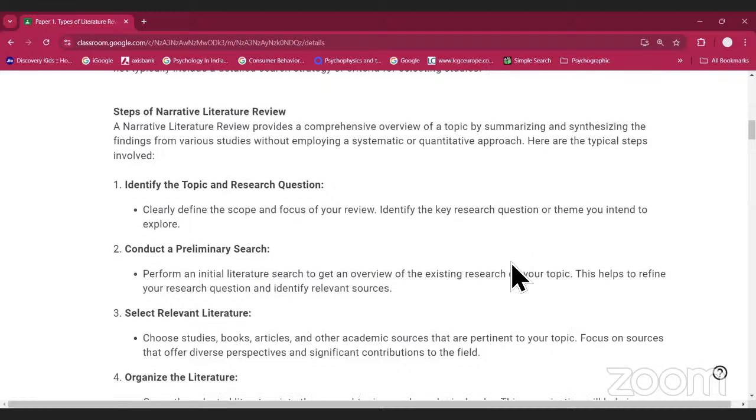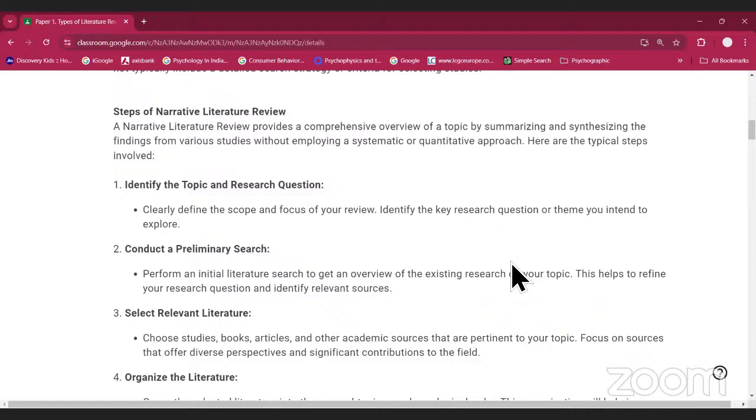Number two, conduct a preliminary search. Perform an initial literature search to get an overview of the existing research on your topic. This helps to refine your research question and identify relevant sources.